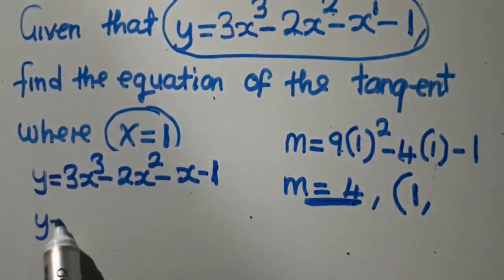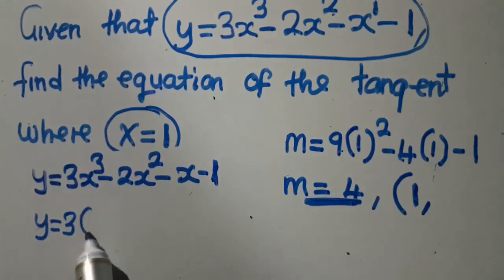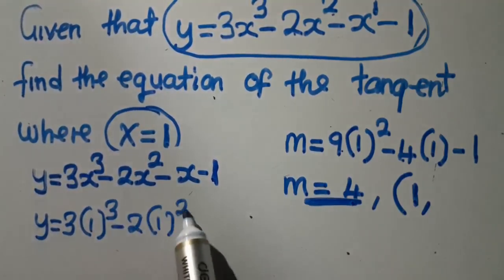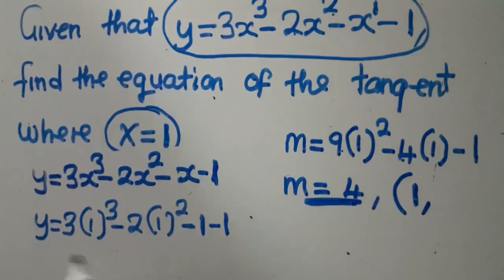So this is equal to 3 times 1 cubed minus 2 times 1 squared minus 1 minus 1. This is y is equal to 3 minus 2 minus 1 minus 1.